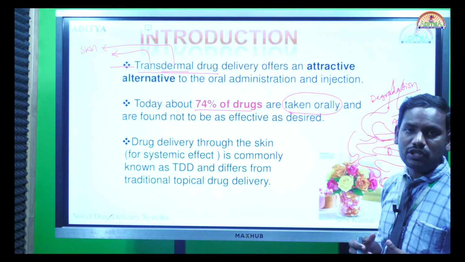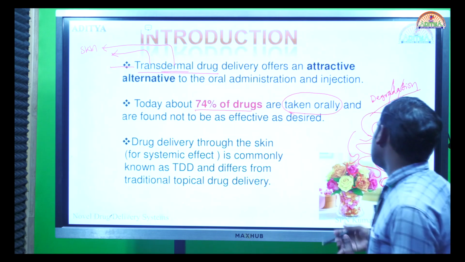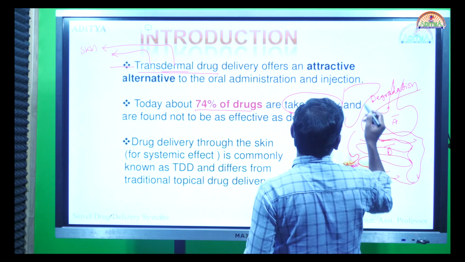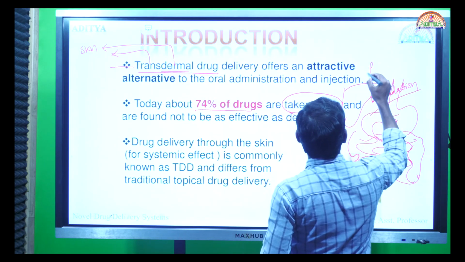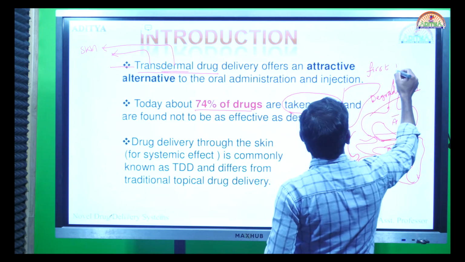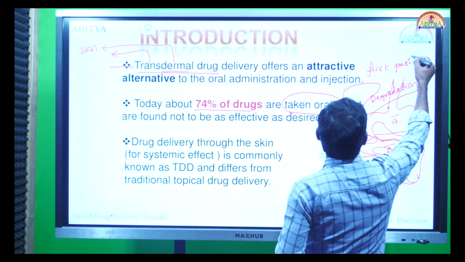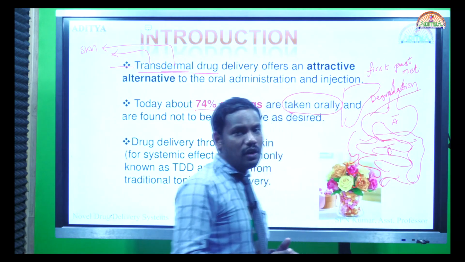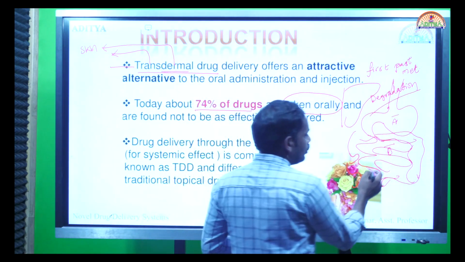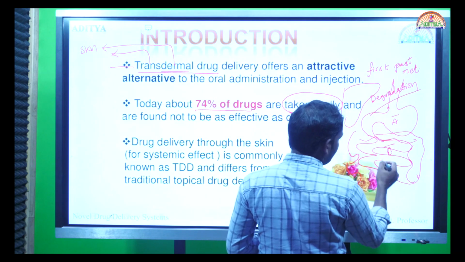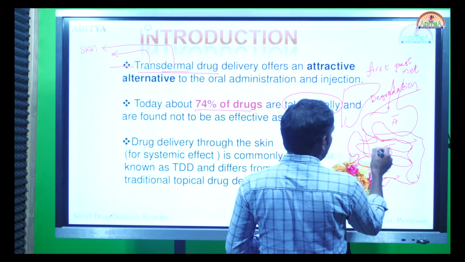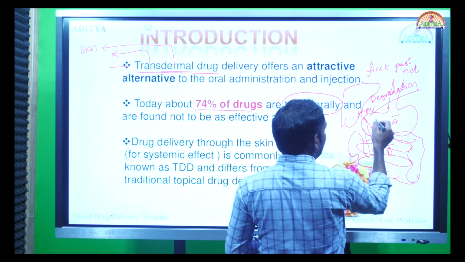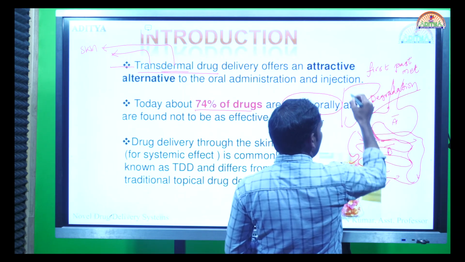Transdermal is one of such routes. Let us take one more example. Suppose there are certain kinds of drugs which undergo extensive first pass metabolism. So what is first pass metabolism? Our body anatomy is designed in a manner that all the nutrients absorbed from the GIT tract, through the venous supply, go to the hepatic portal vein, and drain the nutrient-containing blood into the liver.